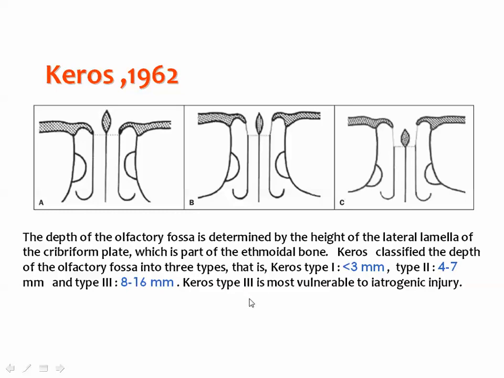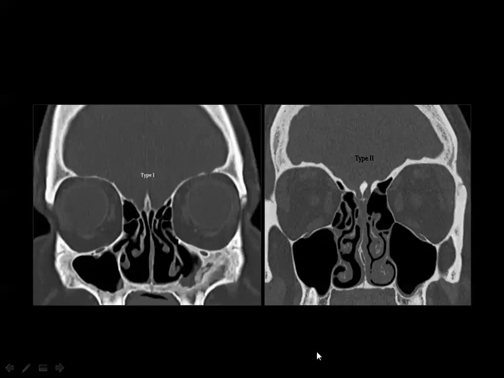This type 3 is the most vulnerable to iatrogenic injury during endoscopic surgery for the paranasal sinuses. And this is type 1 of Keros classification of the depth of the olfactory fossa, and this is type 2, and this is type 3.